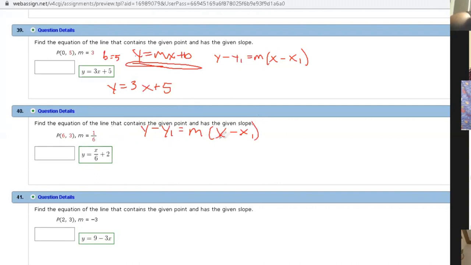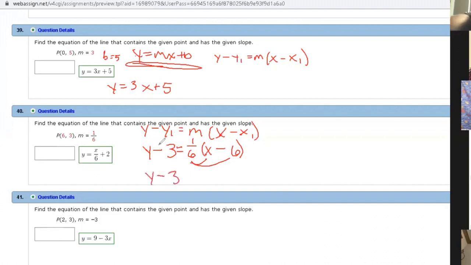So m is 1 over 6. So x is 6. So we plug the 6 in for x1, and we plug the y, which is 3, we plug that in for y1. All right. So now we have to distribute this 1 over 6 to this x and the minus 6.